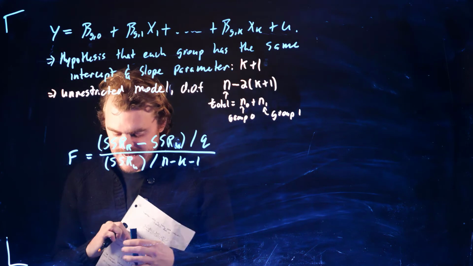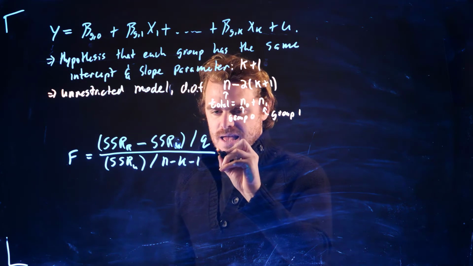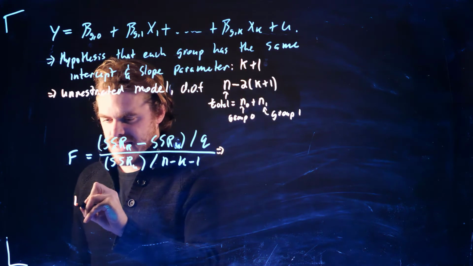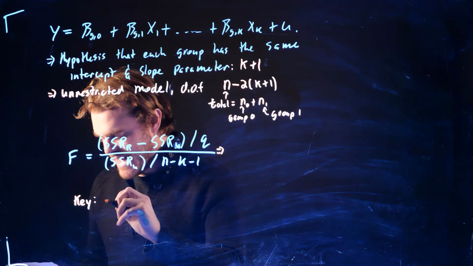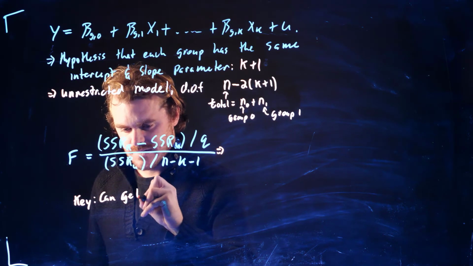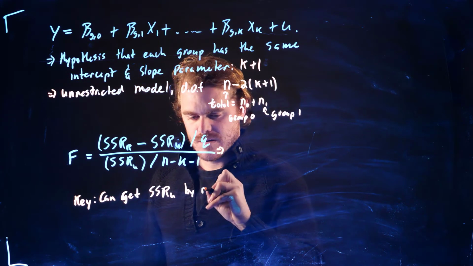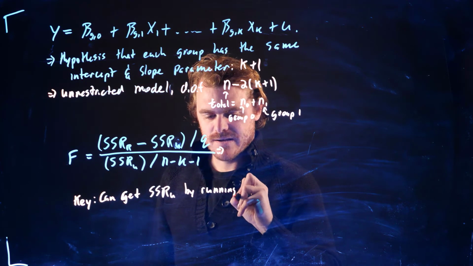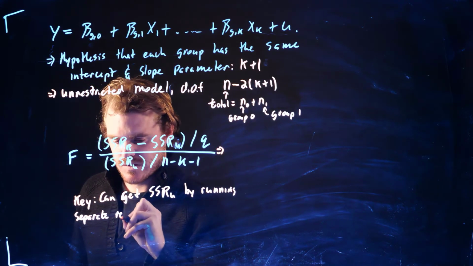So what it looks like now with this Chow test, we're going to transform it. And the key is we can get the unrestricted model. We can get the SSRU by running separate regressions on each group.